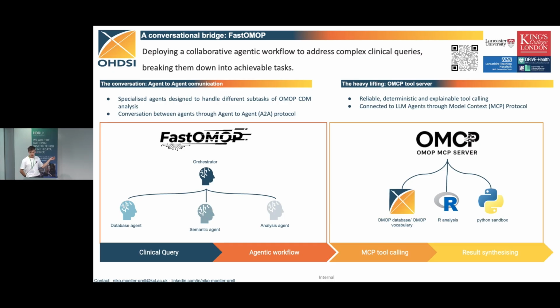LLMs are very flexible, but you'd need deterministic tools, and that's where you'd need the OMCP, which are MCP servers, which you could think of as giving an agent a toolbox, which you can then execute. So you'd have OMOP access to your database, you'd have R analyses, Python sandboxes, etc., which you can then use to navigate all of that complexity. And then you'd get back your answer.